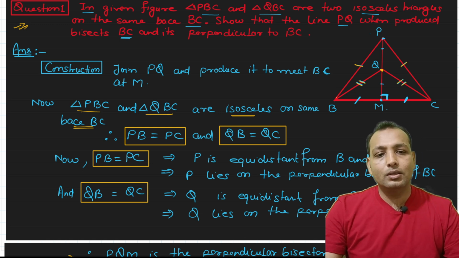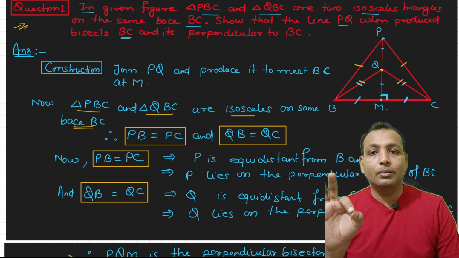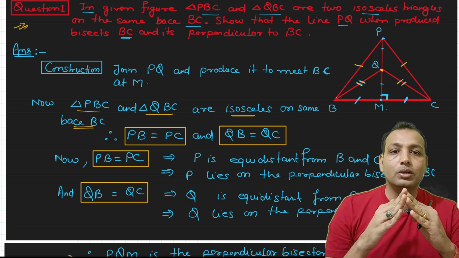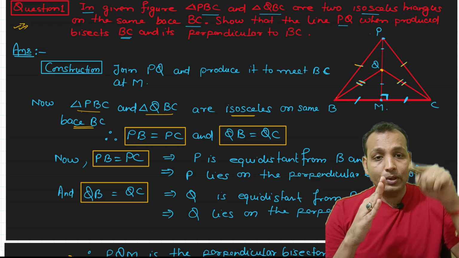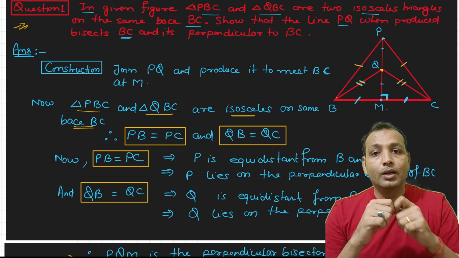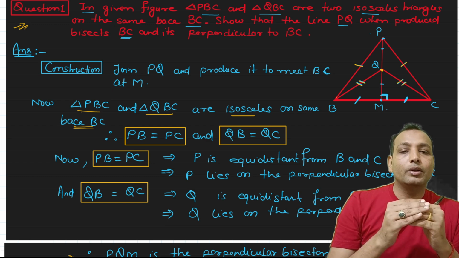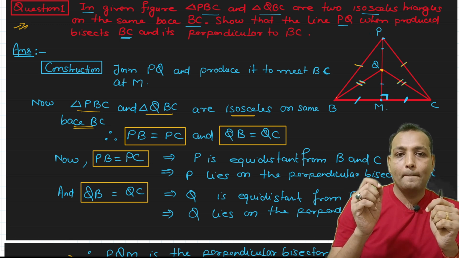So here you can see this is the first question that I'm going to discuss. It is given in the figure that triangle PBC and triangle QBC are two isosceles triangles. As I proved that theorem 1 already, now from that theorem we have this question.